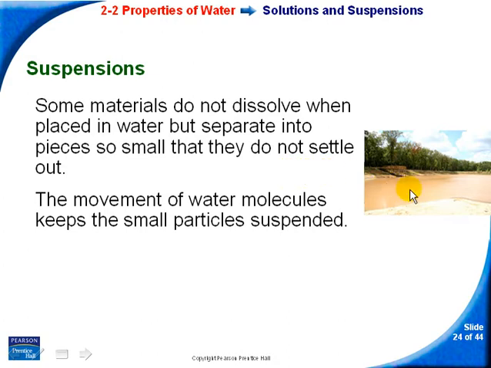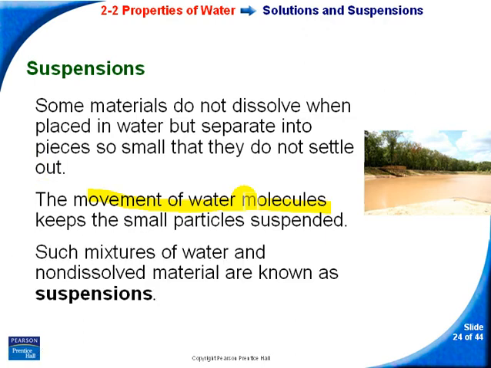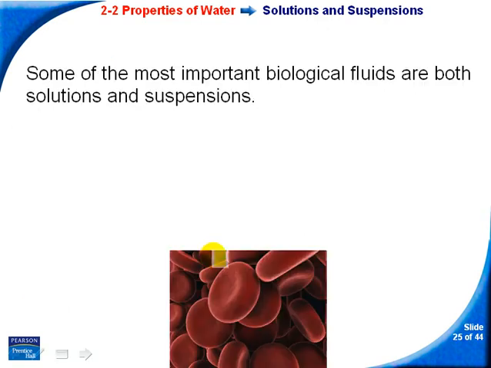The picture I chose here is of a very muddy river, in which the mud or the dirt is what's being suspended in the water. What keeps the particles suspended is the movement of the water, so you kind of have to shake it up to keep it moving. And when you don't have dissolved material, we call this a suspension.